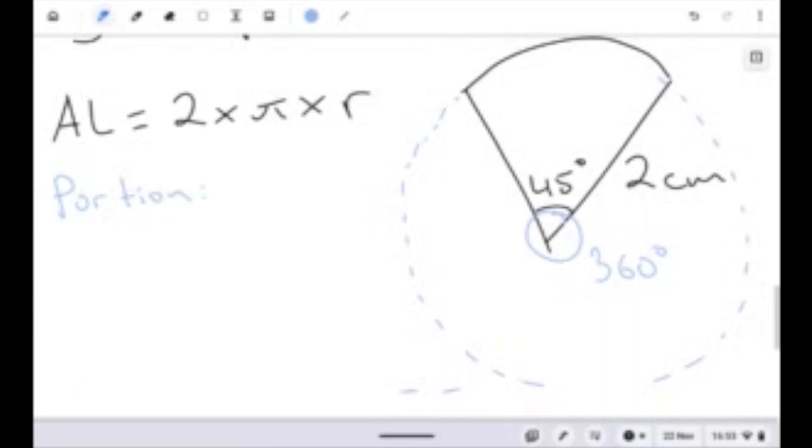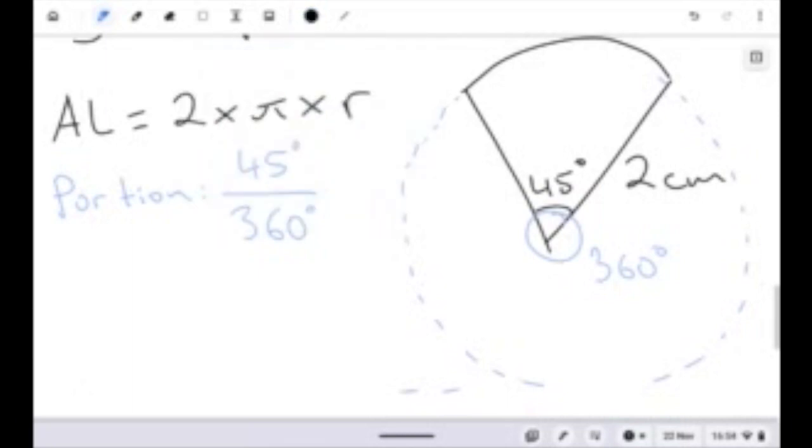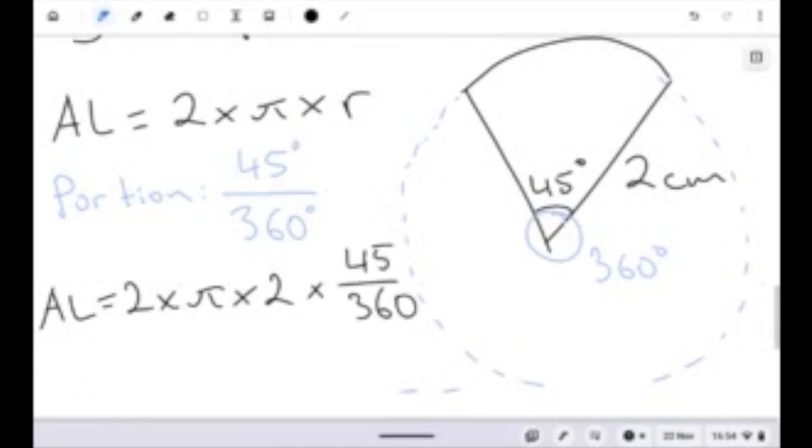The portion is my 45 degrees out of a possible 360 degrees. That is the portion of my whole that I'm trying to find here. So once I've established this, my arc length equals 2 times pi times my radius, 2, times 45 over 360.